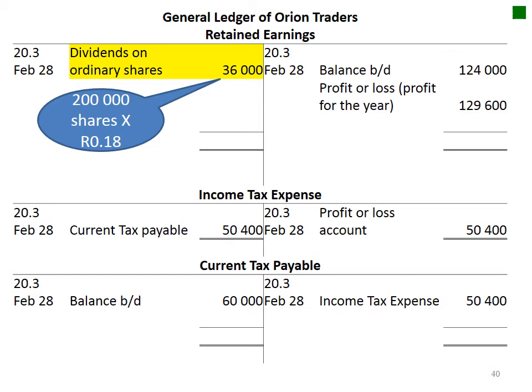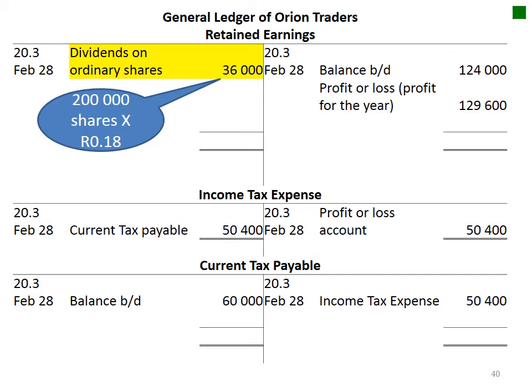In fact, there will be a dividends on ordinary shares account, which we haven't done here. So normally you would first debit the dividends on ordinary shares account and credit shareholders for dividends, and then you clear the dividends on ordinary shares account to retained earnings. That's why we've got dividends on ordinary shares written here.